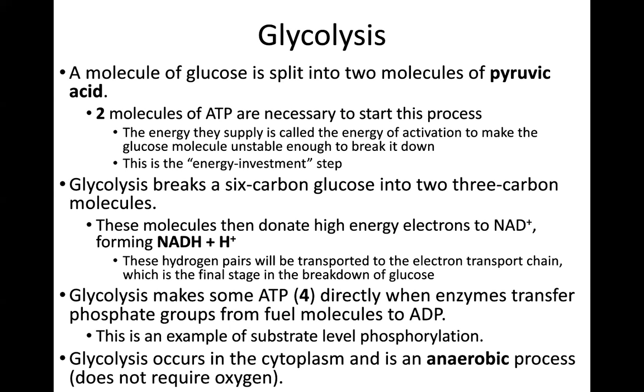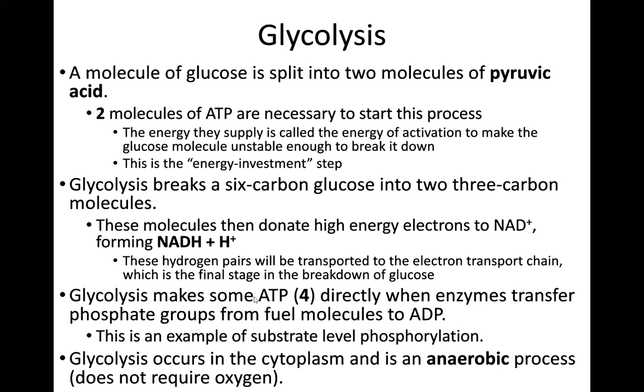Okay. And so we go from a 6-carbon glucose molecule, and we form half of that, which is 2 3-carbon molecules. Okay, and then those 3-carbon molecules are going to donate some high energy electrons to the NAD plus, forming NADH plus H plus, which are then going to be carrying those electrons and hydrogens to the electron transport chain.